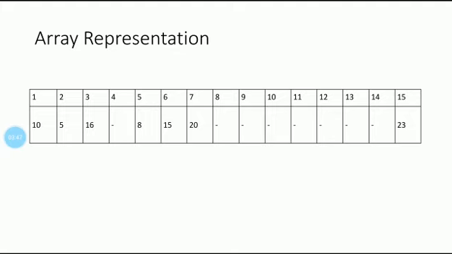Index 1 is holding the root, and it has two children, 5 and 16, and they are placed at locations 2 and 3. Some of the children are missing, so their places are left blank. In this representation, we can easily get the positions of the two children of a particular node with the help of a formula.